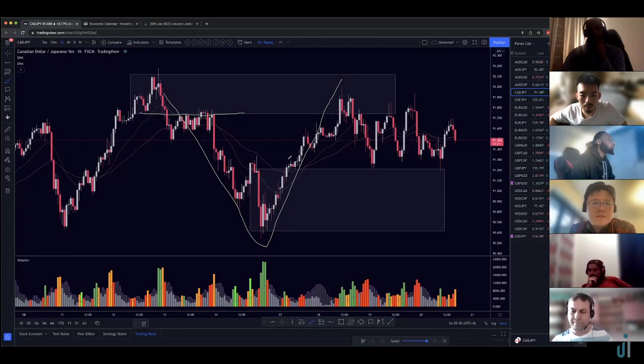So that's why I used this level. I was hoping that it's going to turn to a range. So that's the reason why I said, okay, if it turns back, I'm trying to take it from the top or sell from the bottom. That was just the idea that I was having.